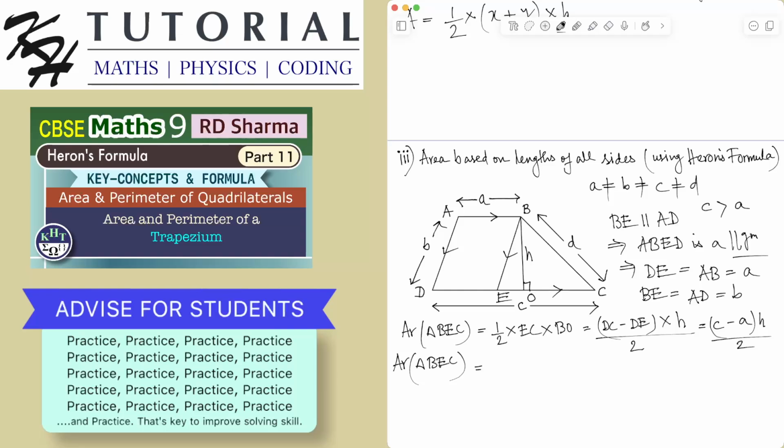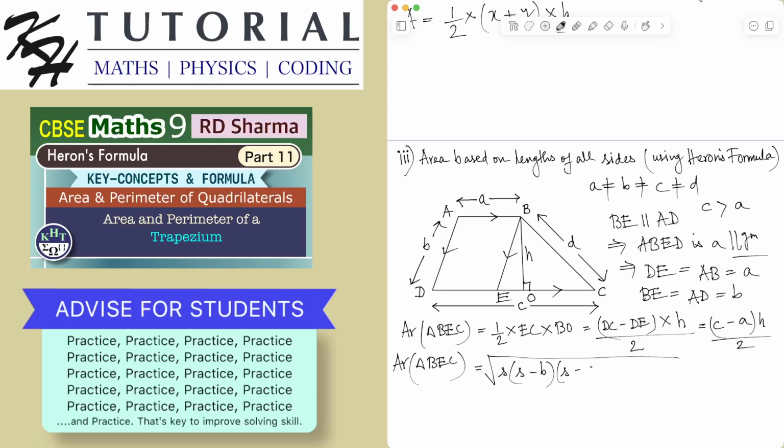This will be the square root of s, times s minus b, where the length of the side BE is small b, multiplied by s minus the length of the side EC. EC is c minus a.